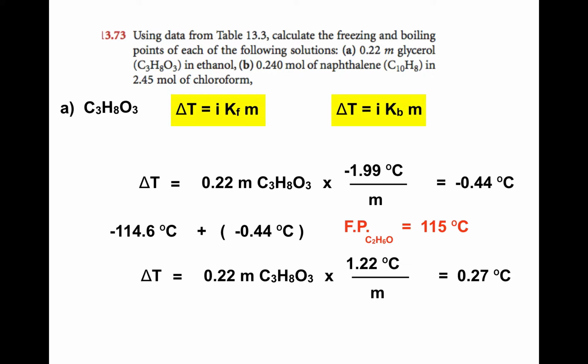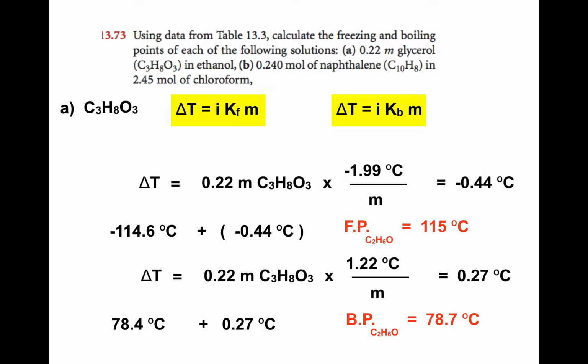Boiling point elevation: we multiply the molality by the boiling point constant, and we get how much you're raising the boiling point. So whatever delta T comes to, we add it to the normal boiling point of ethanol, and we get how much higher the temperature has to get in order to boil ethanol.